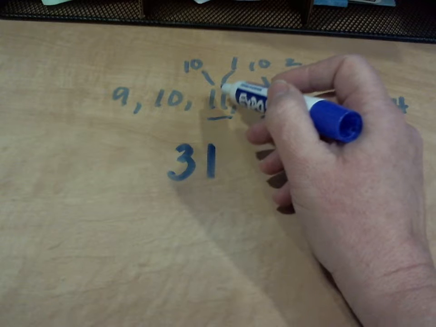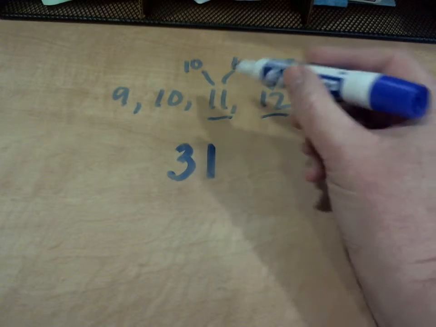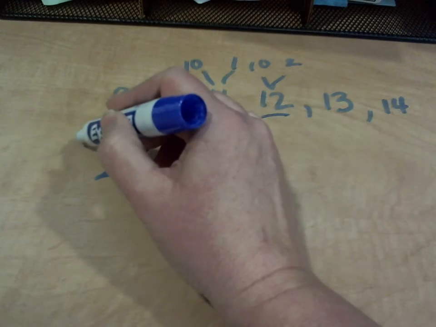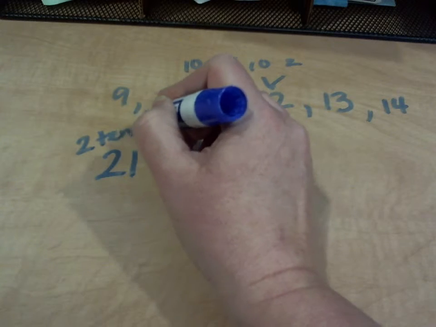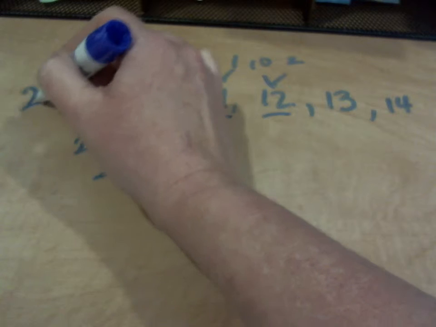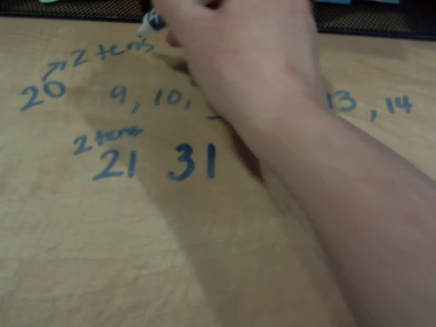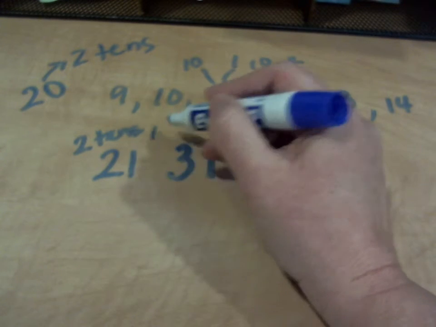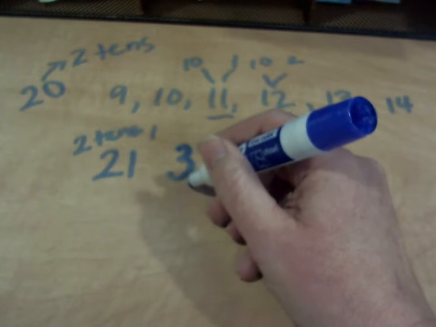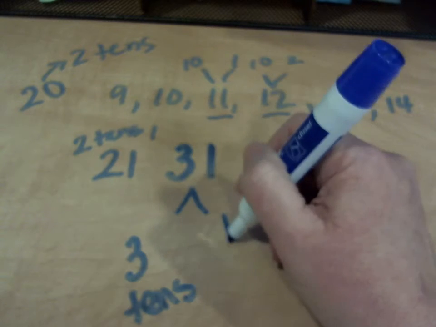If I come back here to 11 and I know that was 10 and 1, then when I got to 21, I knew that that was 2 10s, because hopefully, going down the road, I knew that 20 is 2 10s, so this is 2 10s and 1. Sorry for the blurriness. And that this 31 is 3 10s and 1 1.